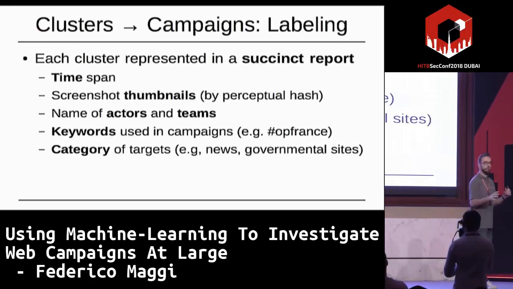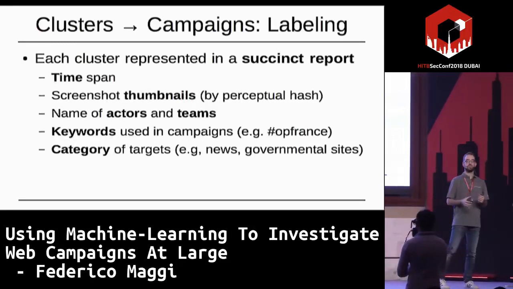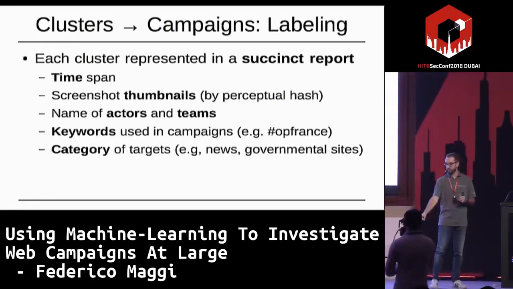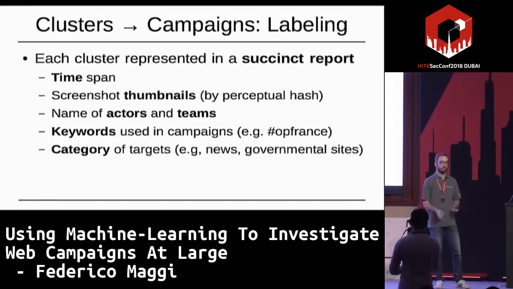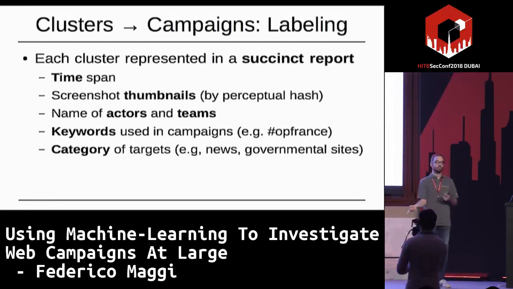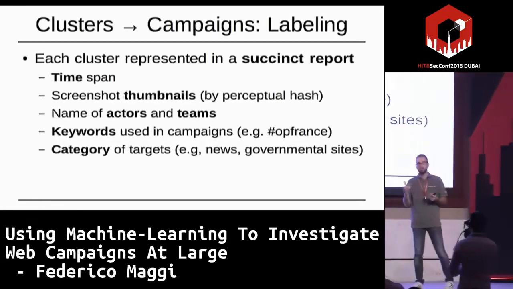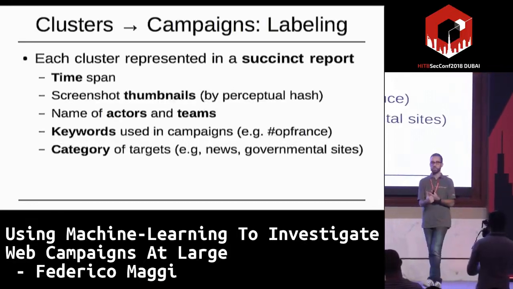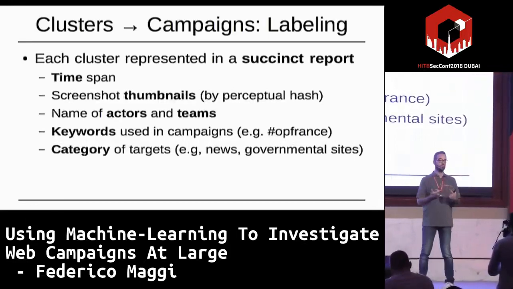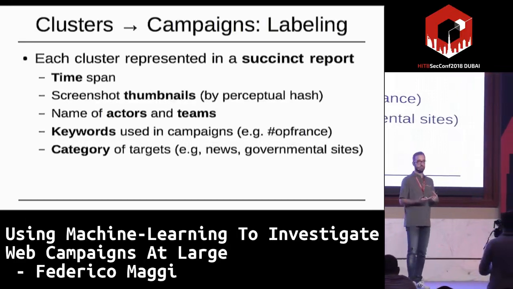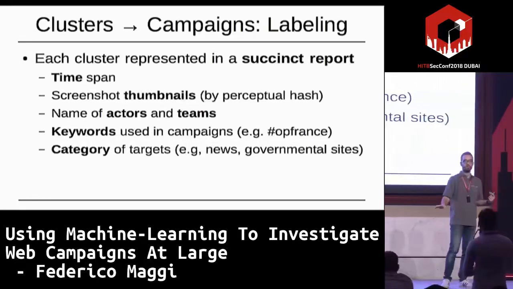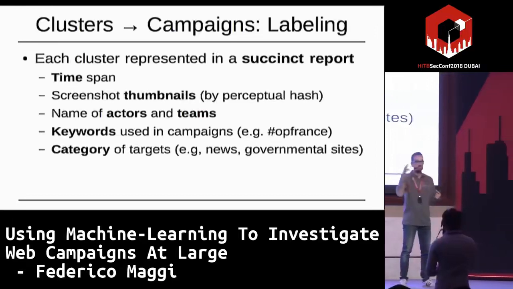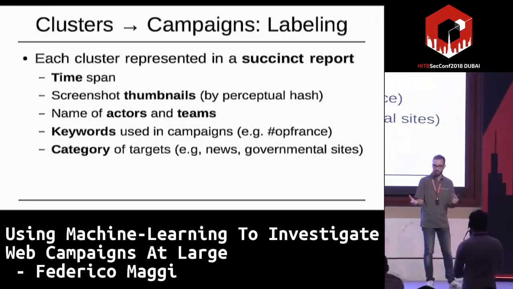If you're able to do that, you're really helping the investigator say, oh, that web page that I thought was an isolated incident is actually part of a campaign, and I can give a name to that campaign. I can tell who the people behind that campaign are. I can somehow tell what language they speak and what they wanted to say, without even looking at the pages. That's the difference between pure clustering and making sense out of clustering, what we call campaigns.